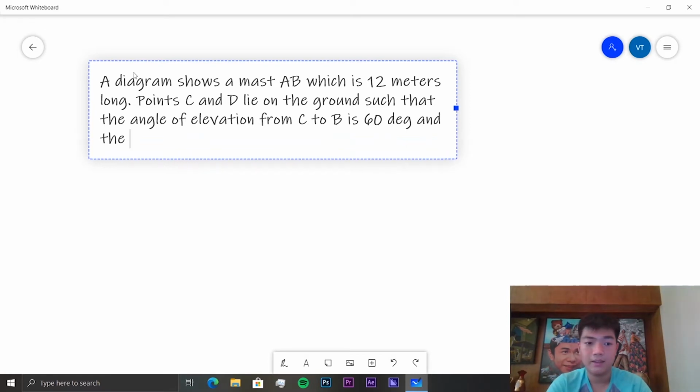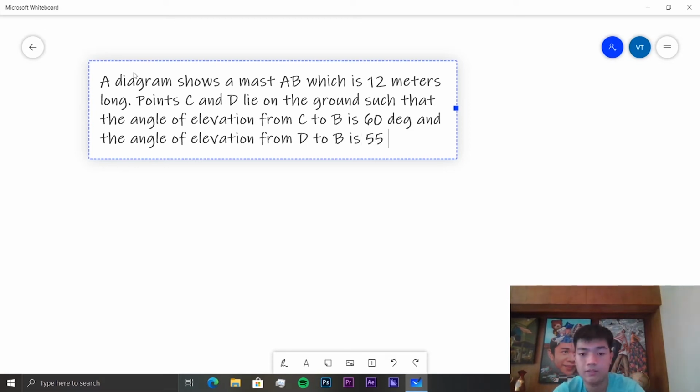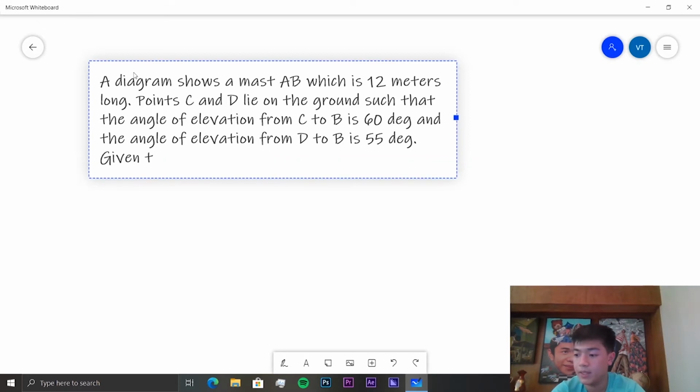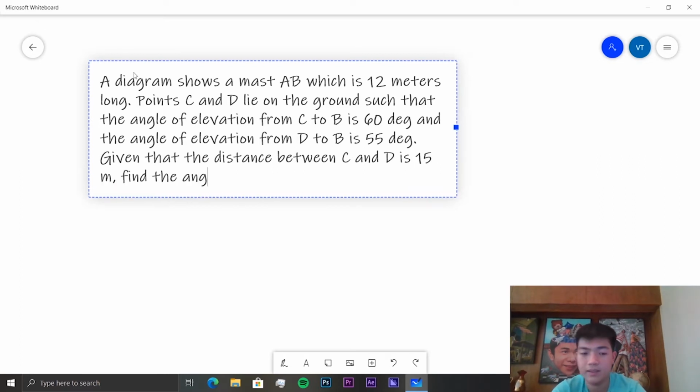And the angle of elevation from D to B is 55 degrees. Given that the distance between C and D is 15 meters, find the angle CAD and the area of CAD.